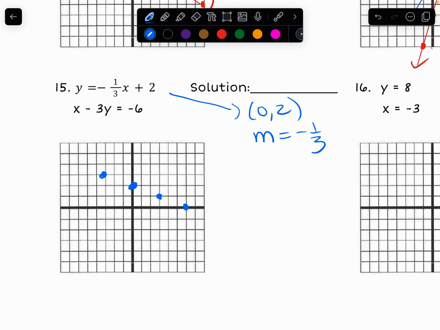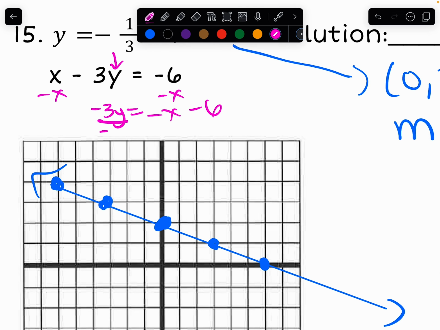Okay. And this one, I need the y by itself. I'm going to subtract x from both sides. I get negative 3y equals negative x minus 6. I can make it a little bit bigger. Divide by negative 3, negative 3, negative 3. I'm going to get y equals 1/3 x plus 2.